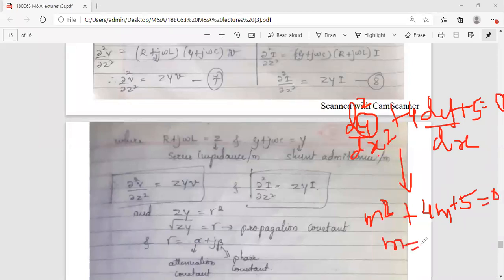Let me just take m equal to 2 and 3. If I get 2 roots, the solution will be y is equal to A e to the power 2x plus B e to the power 3x.